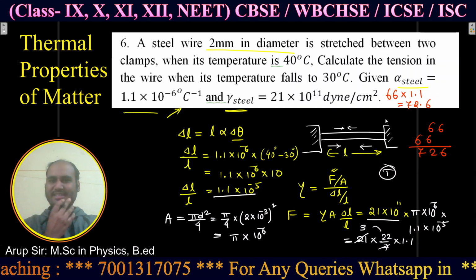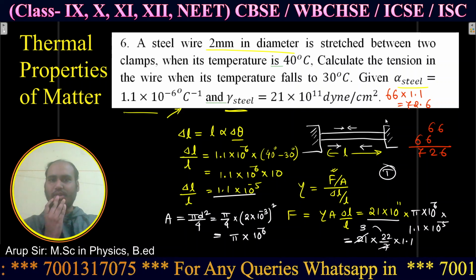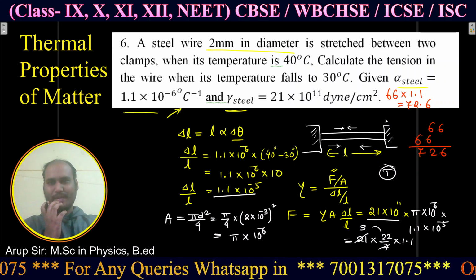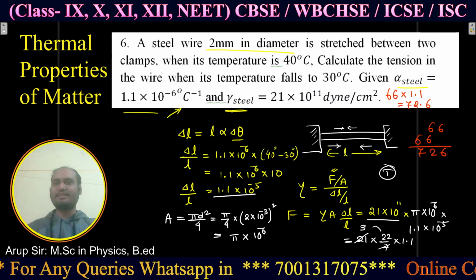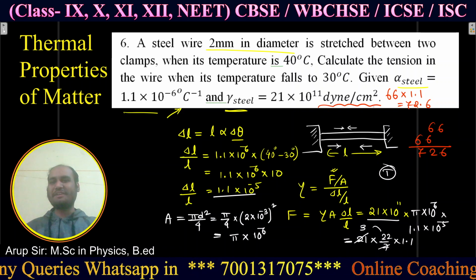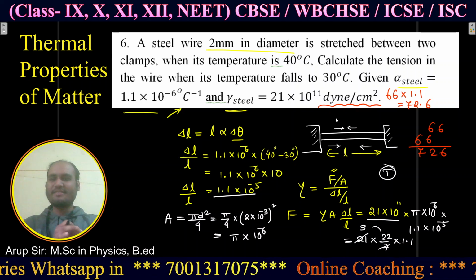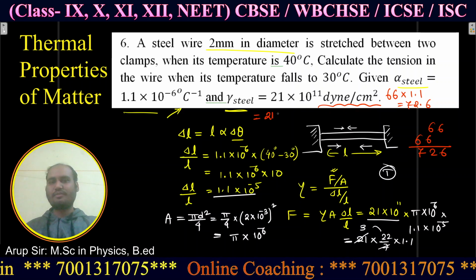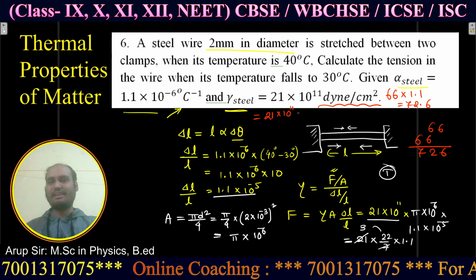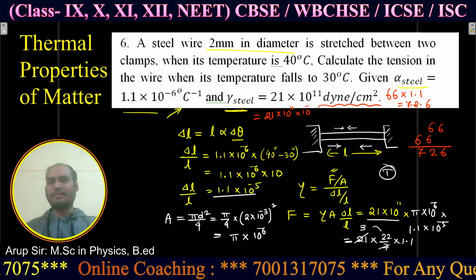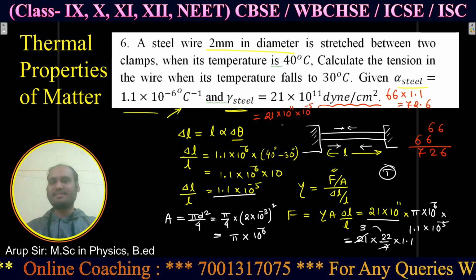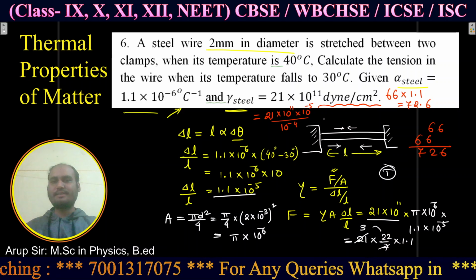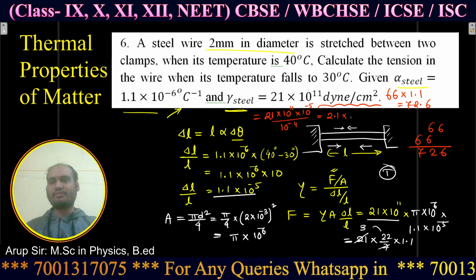Just a second, I have made a mistake. Y was in dyne per centimeter square unit. So we have to convert it into the SI system. So 21 into 10 to the power 11 dyne per centimeter square means multiplying by 10 to the power minus 5 for Newton, and 10 to the power 4 for per centimeter square to per meter square, so basically we get 2.1 into 10 to the power 11.